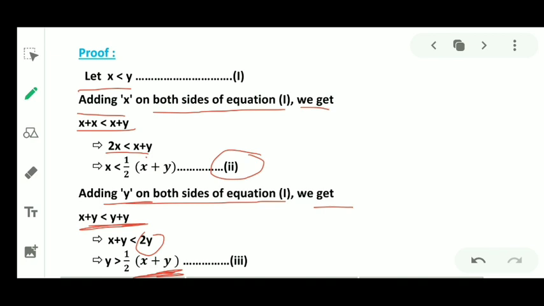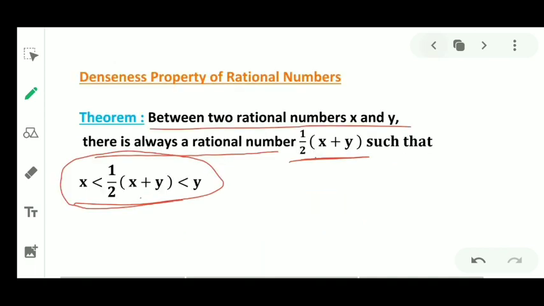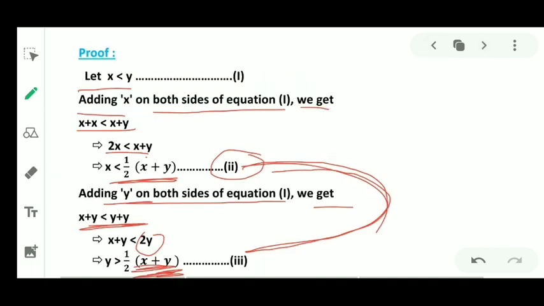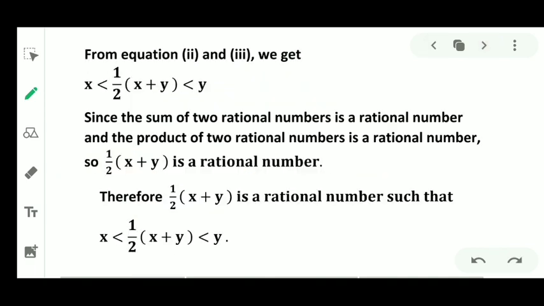Now if you see equation 2 and equation 3, here is the common number, that is 1 by 2 into x plus y, which is present in equation 3 also. So from equation 3 and equation 2, we can write x less than 1 by 2 into x plus y less than y.